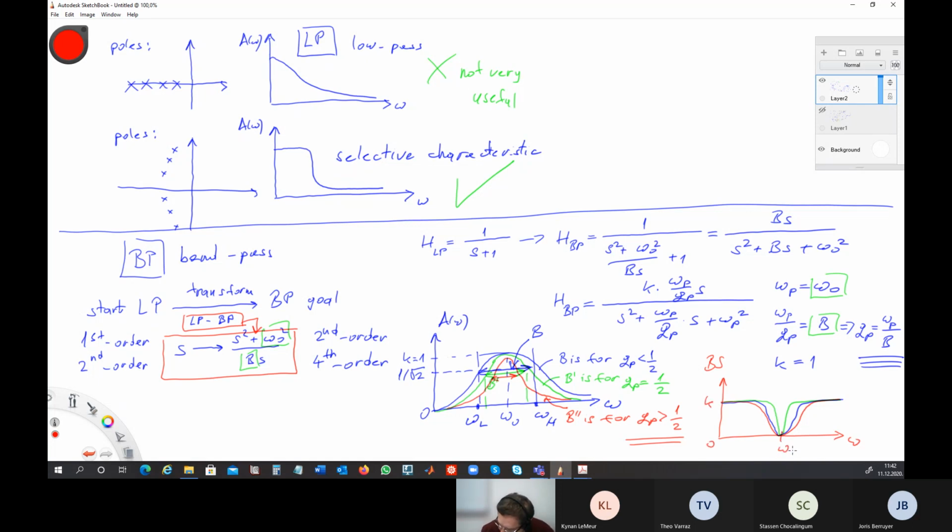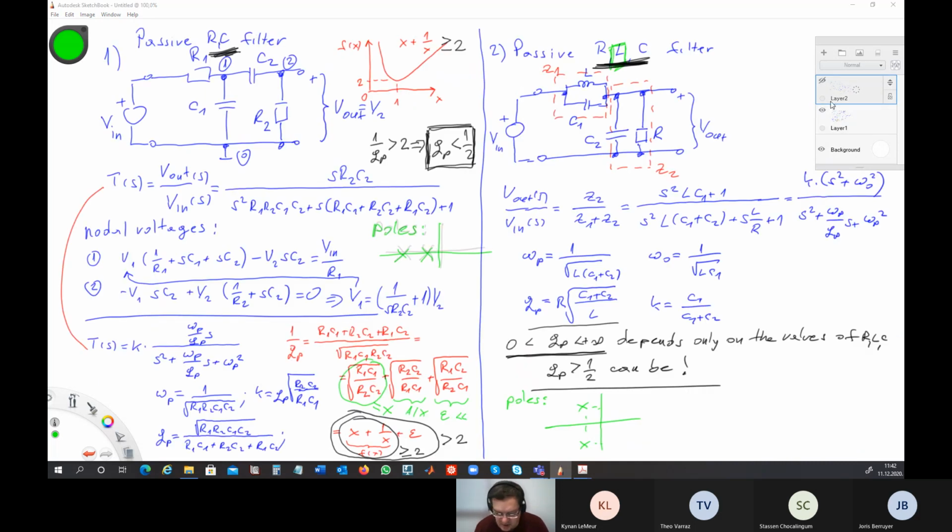The problem can be solved only if we have poles which are complex conjugate and they have QP, as we saw, larger than 1/2. Then we can solve this problem. So what we need are complex conjugate poles. We saw before that this is possible only if you use R, L, and C.